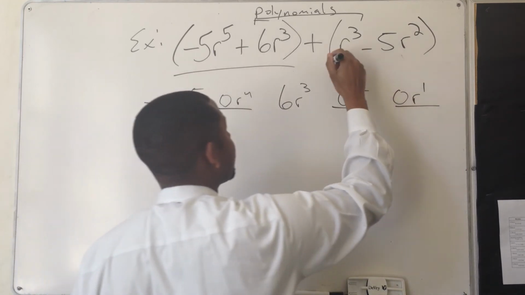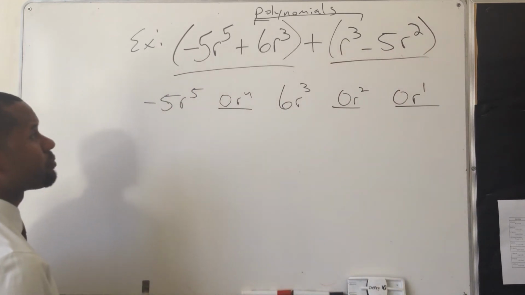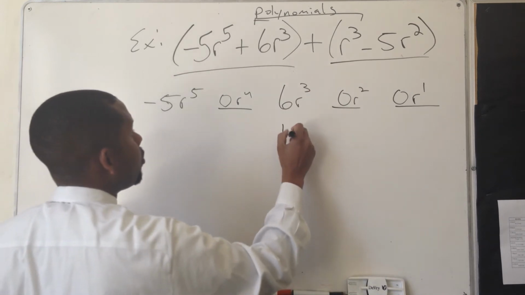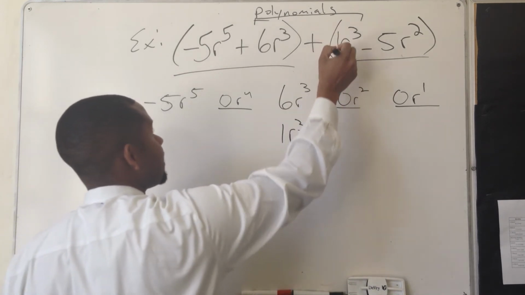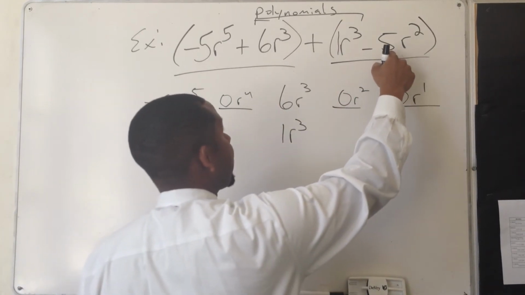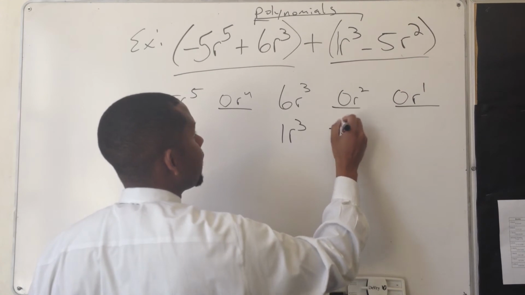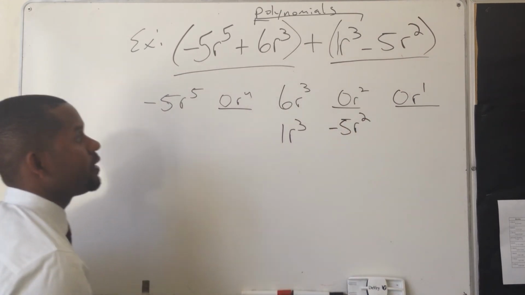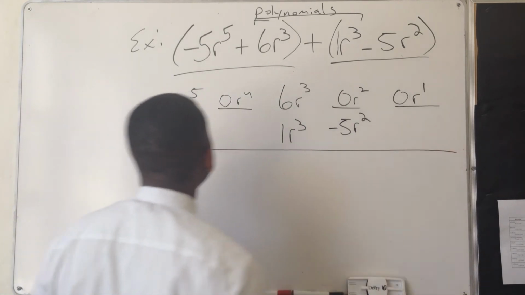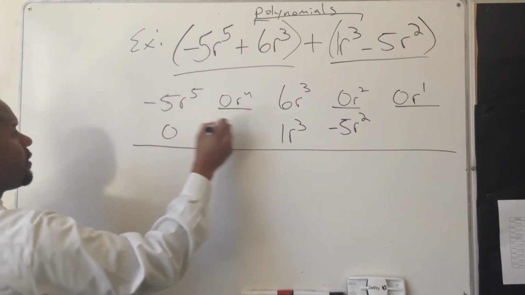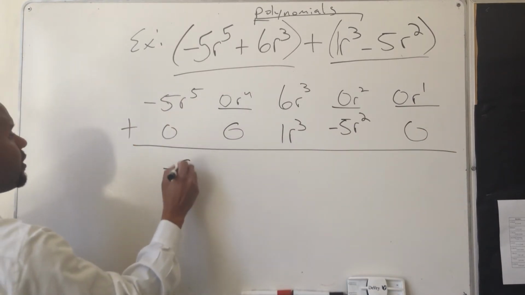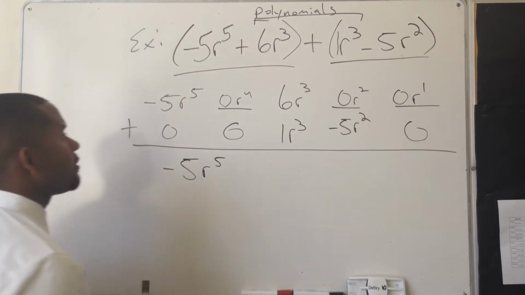Now I'm going to go through this next polynomial. R to the 3rd, I'm just going to match it up. Oh, 1r to the 3rd. Recognize that this is 1r to the 3rd, and I'm going to match it up right here. R squared. Oh, negative 5r squared. Looks like it'll fit nice right here in my r squared column. So there's nothing here, and I'm adding. Negative 5 and nothing is negative 5r to the 5th.